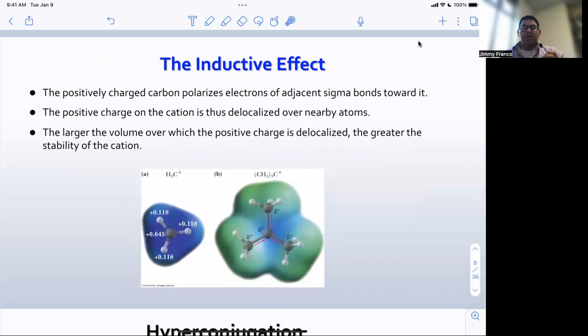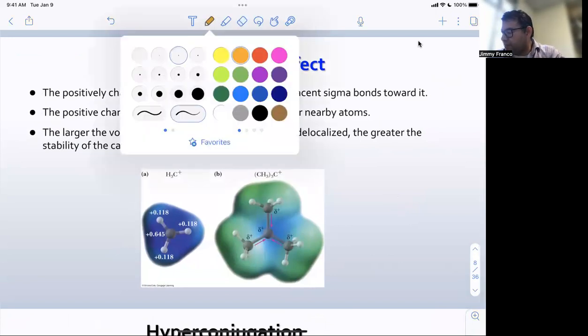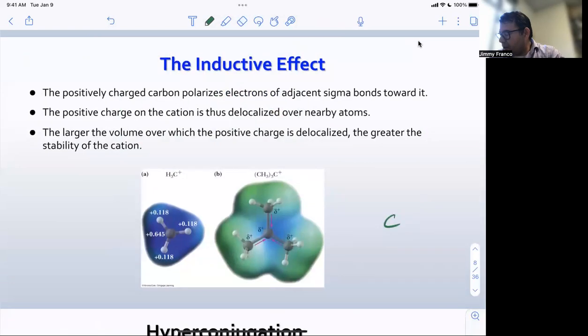Now, we just talked about that the tertiary carbons are the most stable, right? And so the tertiary, and I'm just going to draw it out just to make it a little bit easier to see. So if we have a carbon here, actually, let me get a better color. I think that might be hard to see. We have our carbon and then a CH3 group, and another CH3 group. And we're going to have this empty p orbital.